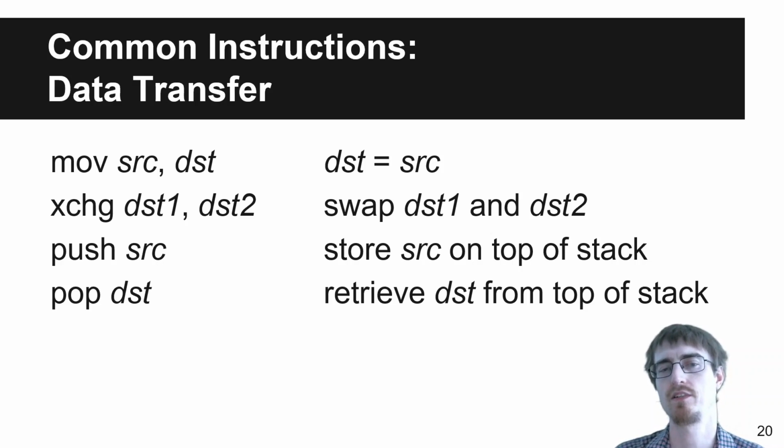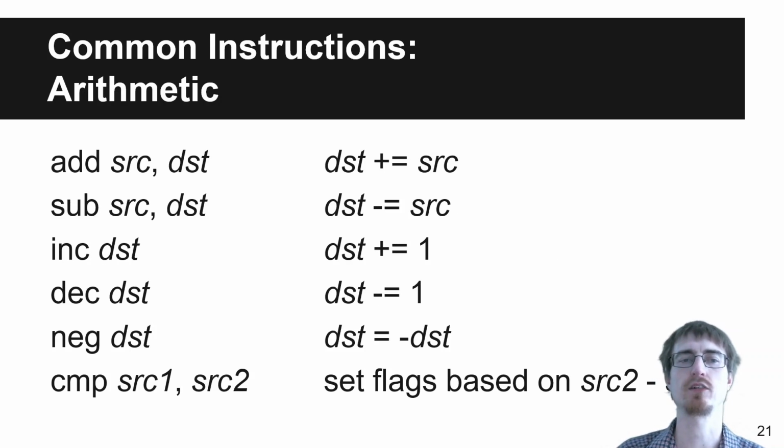Simply copies the value source and stores it in the destination. So it's essentially an assignment. Exchange is different in the sense that it has two destinations and it swaps them. Push pushes a value source on the stack, whereas pop removes a value from the stack and stores it in the destination.